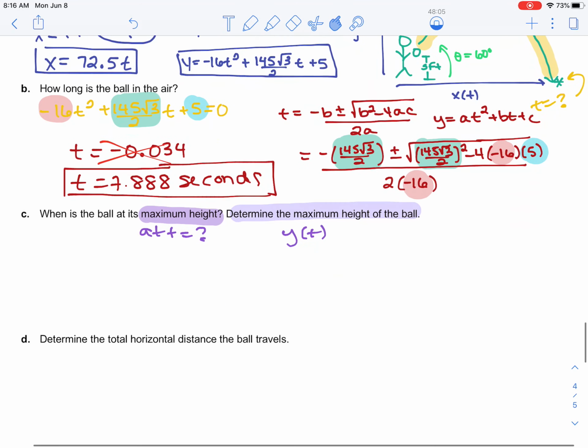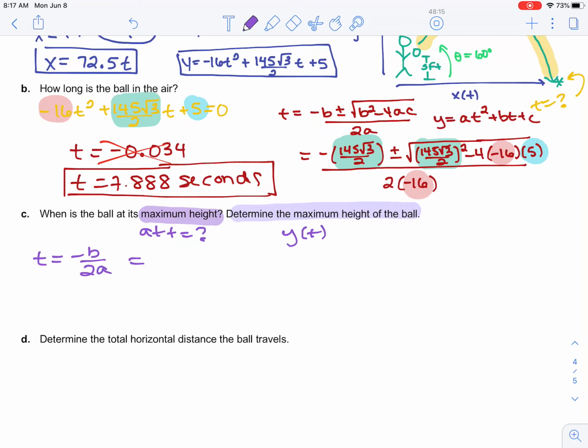Okay, so we saw in our notes that to figure out the t value at which our vertex is occurring, we can use the equation negative b over 2a. And from our equation above, we know that b is 145 root 3 over 2, but we need that to be negative. And then we will divide that by 2 times a, which is negative 16.